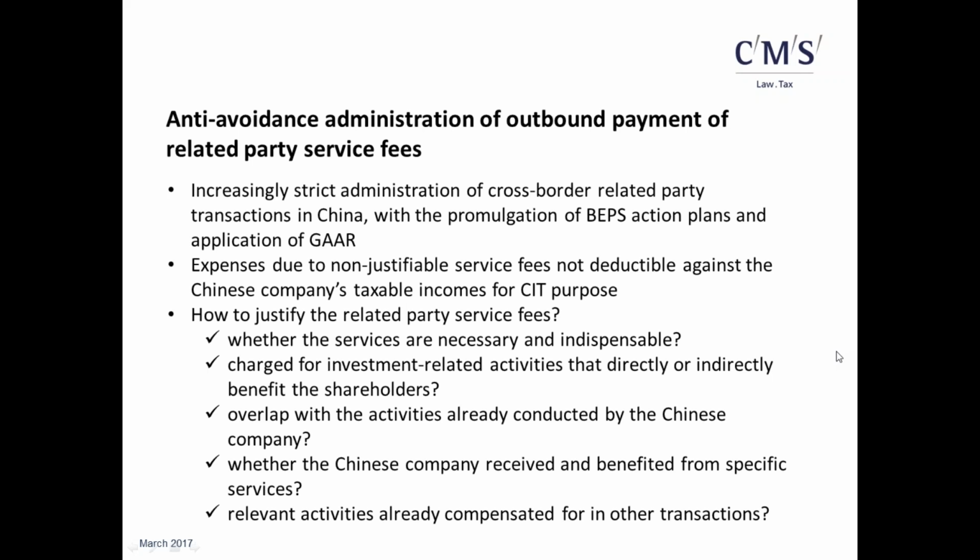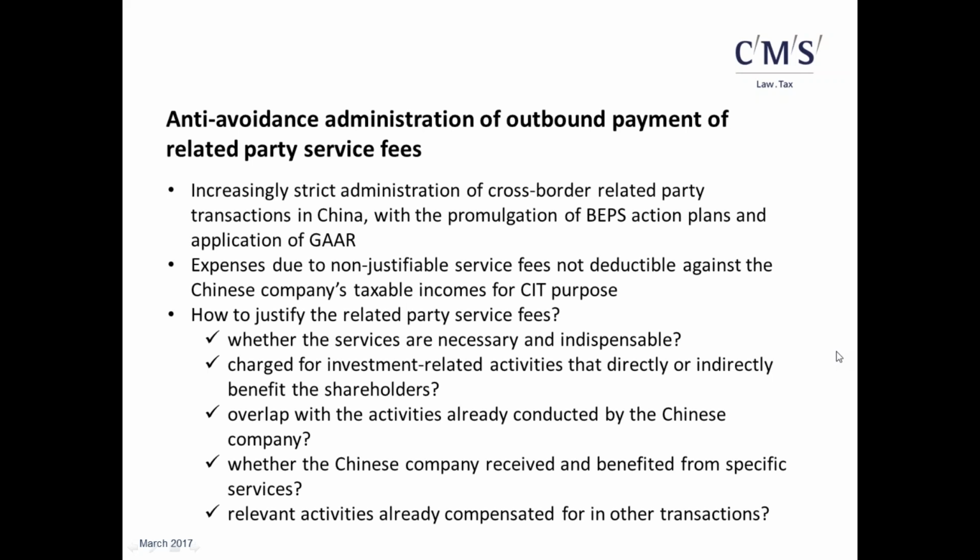It means that the foreign enterprise providing services to the Chinese customer should convince the PRC tax authorities that real and concrete services are provided, and the service fees charged by the foreign enterprise to the PRC customer are reasonable. Maybe from transfer pricing perspectives, etc. And how can they justify these related party service charges?